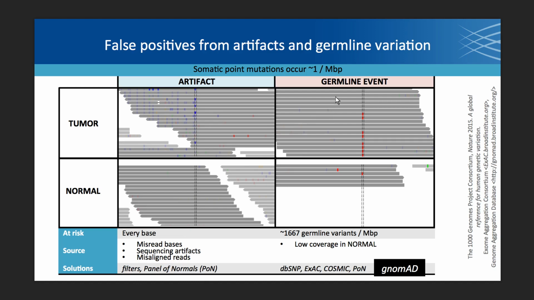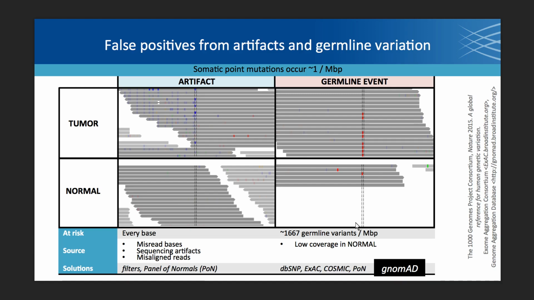On the right, we have a seemingly somatic event because there are a lot of mismatches in red here and not so many in the normal. There's one read that supports the mismatch in the normal, and you wonder if this could be tumor contamination of normal, or if it is actually a germline event that we are unable to call because we have low coverage in this area. Having low coverage for the normal is a typical design in somatic studies, because you want to spend all of your money sequencing the tumor at very high depth.